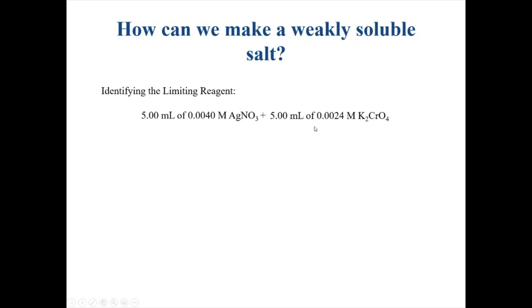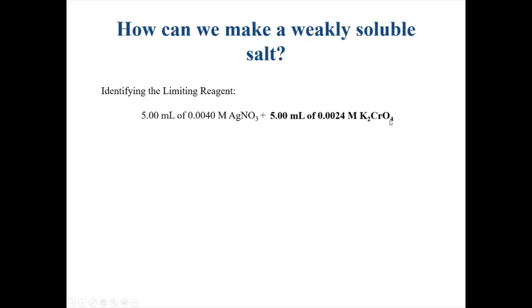In this case, what we see is we have 0.0024, so we have a little bit more than 0.002, which is what we would need to be stoichiometric, right? Half of this would be 0.002. So the excess reagent in this case is our potassium chromate. We have a little bit more than the 0.002 that we would need to make it stoichiometric.